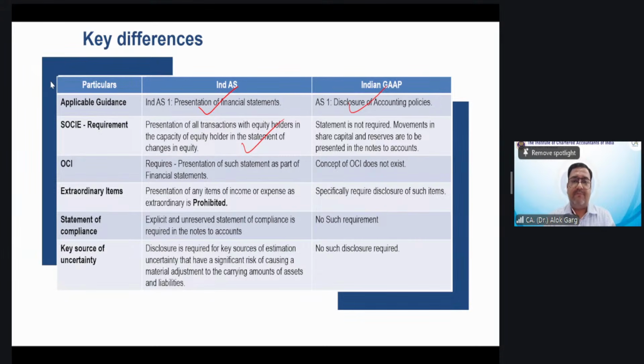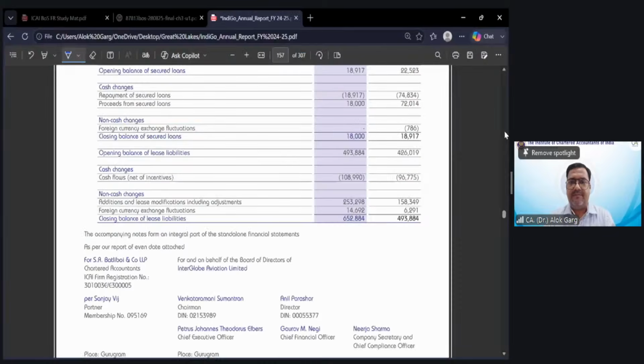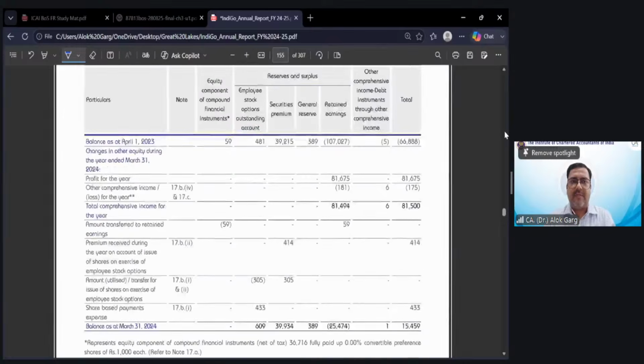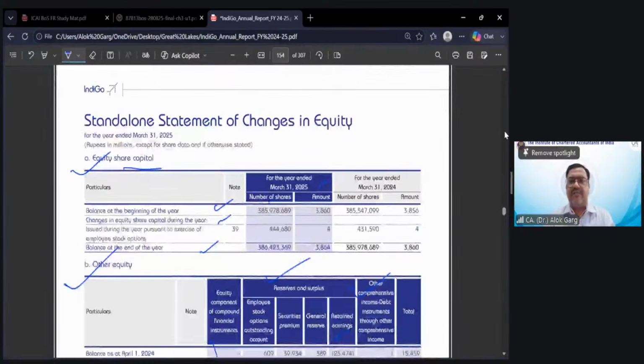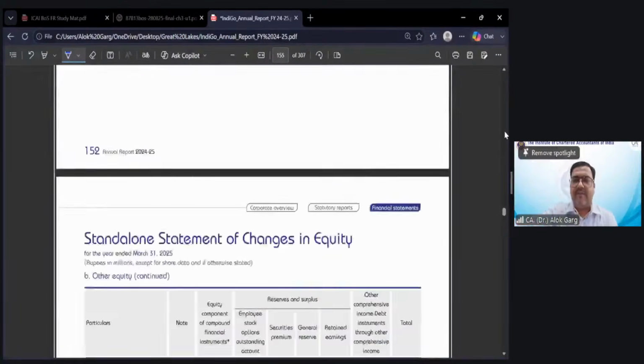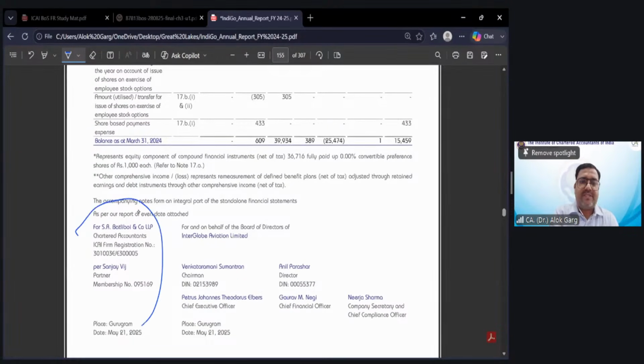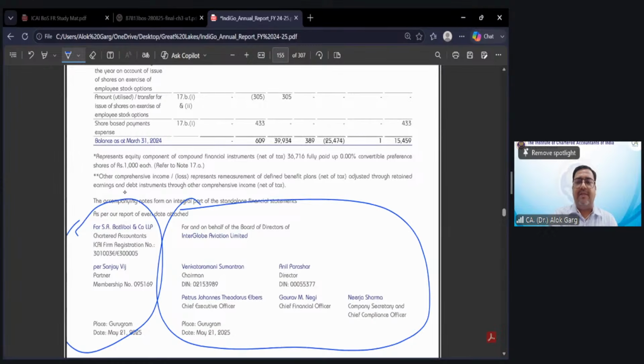For example, the statement of changes in equity in a listed company's financial statements: like your balance sheet, P&L and cash flow, this statement of changes in equity is required to be signed by the statutory auditor and the entire board of directors of the company.